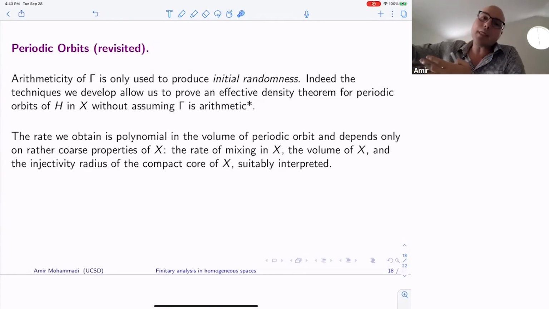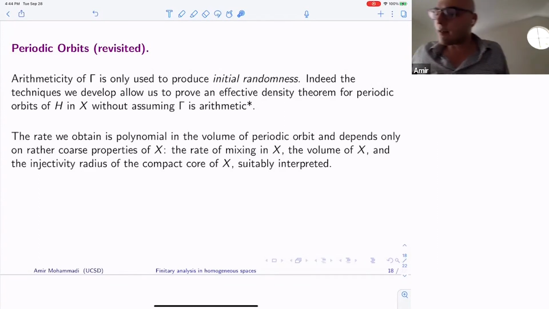As you see in the scheme that I described, arithmeticity was used to get some sort of initial randomness. Periodic orbits themselves are Diophantine, just like rational numbers. You can't have two rational numbers too close to each other. Denominator is an issue. So periodic orbits are themselves isolated, so the rest of the argument you can apply and get something about periodic orbits.